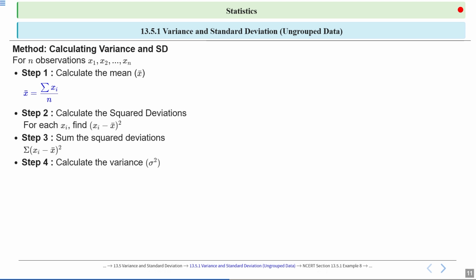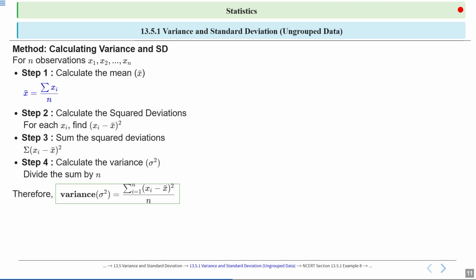Variance tells us the average squared distance from the mean. So to find the variance, we divide the sum of squared deviations by n. Therefore, variance sigma squared equals the sum from i equals 1 to n of (xi minus x bar) whole square divided by n.